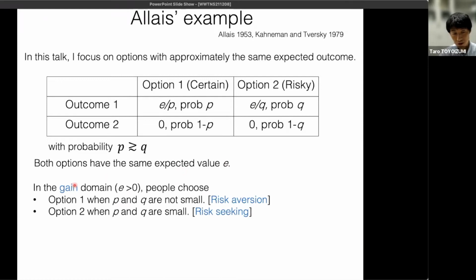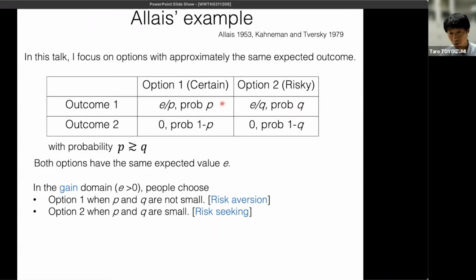It's known that in the gain domain, when the expected value E is positive, people choose option 1 unless P and Q are very small. So basically in the gain domain, people are risk averse. But now you can scale down the rewarding probability, both P and Q, by the same factor.